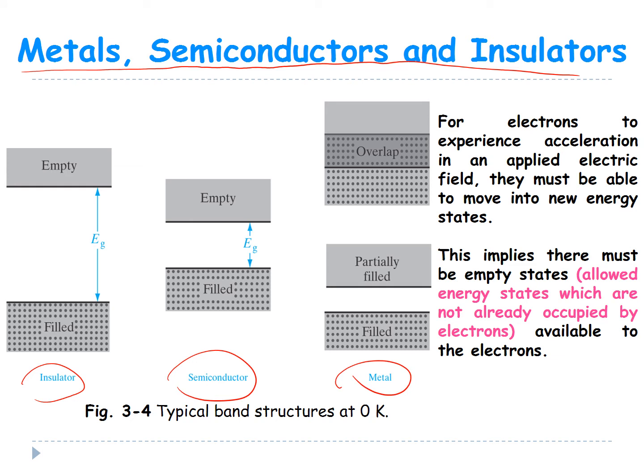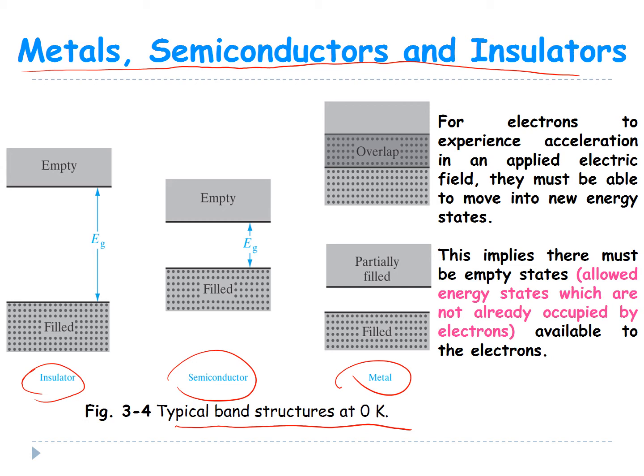And we assume that the temperature here is 0 kelvins. Now, if we start with the insulator, you can see that at 0 kelvins, the valence band of the insulator is filled with electrons. It means you don't have any empty spaces.